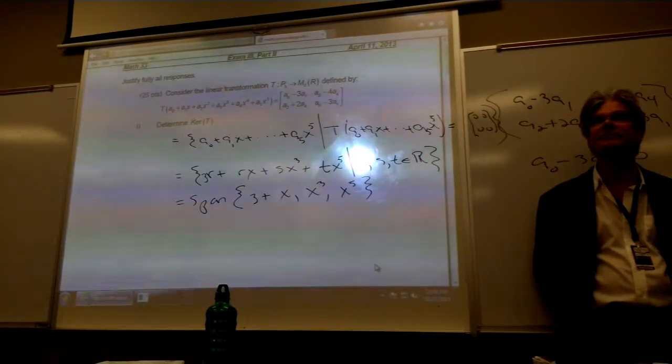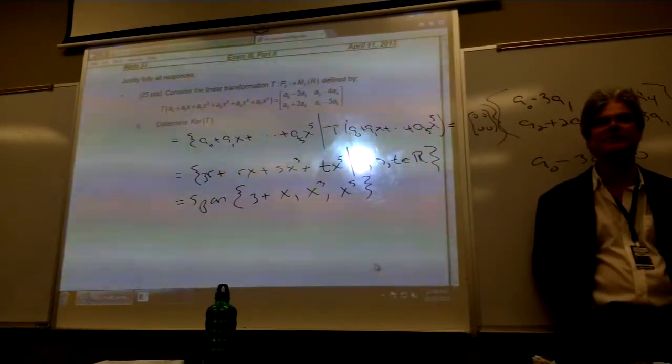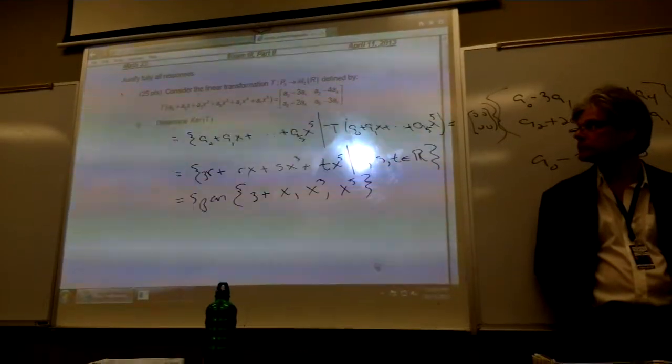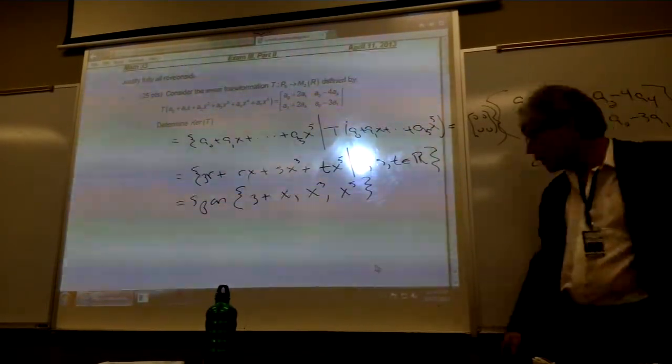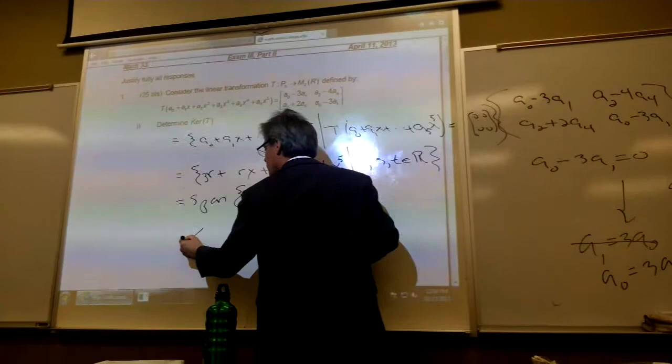Just out of curiosity, and this is slightly off topic, do we have a standard inner product for line number 2? Yeah, I think your standard inner product will look like this.